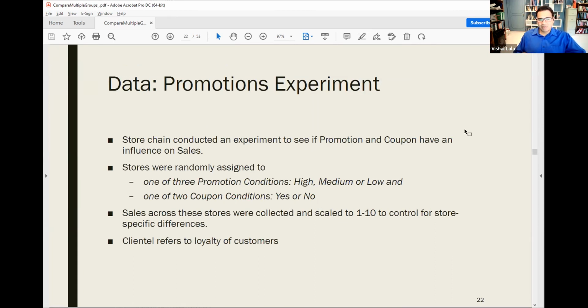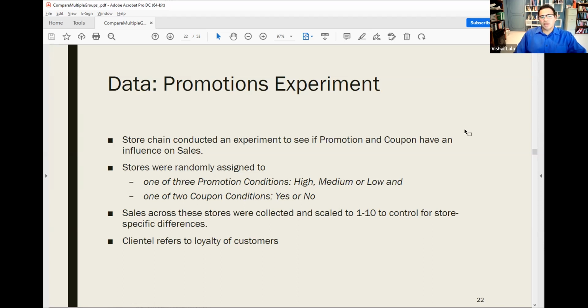So what we have here by way of data is a promotions experiment. The department store chain, the likes of Macy's, decided to experiment to see if promotion and coupon have an influence in sales. They wanted to make sure that they conducted a good experiment.